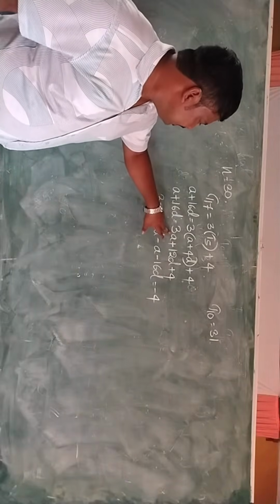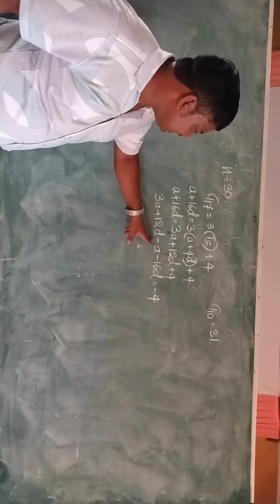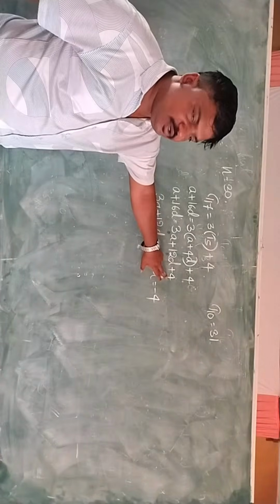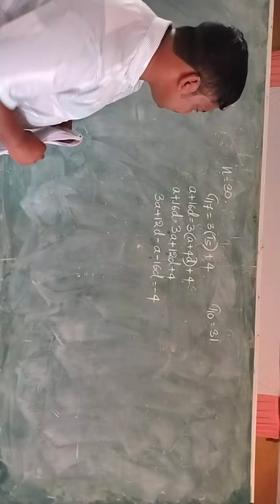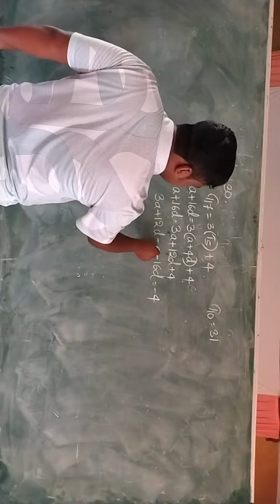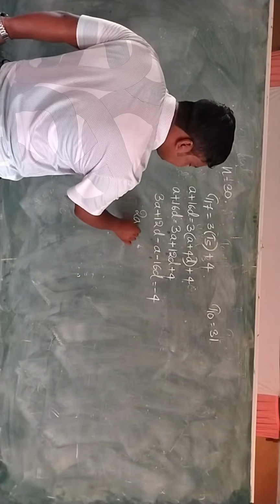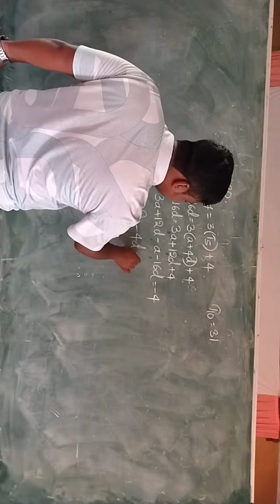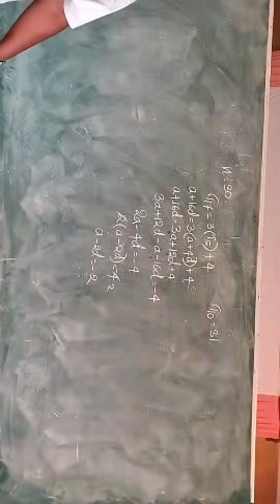Now 3a minus a is 2a, and 12d minus 16d is minus 4d, so 2a minus 4d is equal to minus 4, which gives a minus 2d is equal to minus 2.